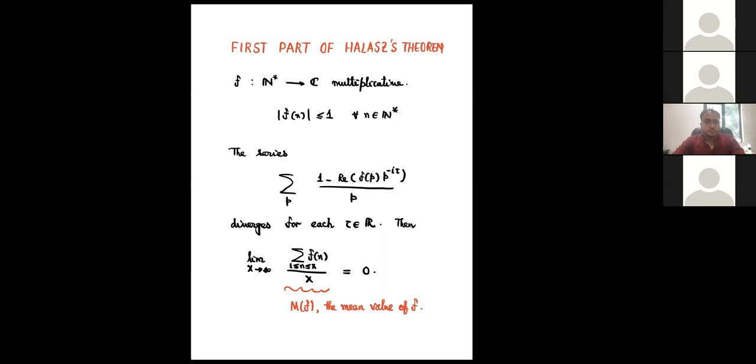And that is: if you take a multiplicative function f from N star to C, taking complex values but with all values of absolute value less than or equal to 1, so within the unit disk, and suppose that the series, the sum of 1 minus the real part of f(p) p to the minus i tau, over p, diverges for every real number tau.